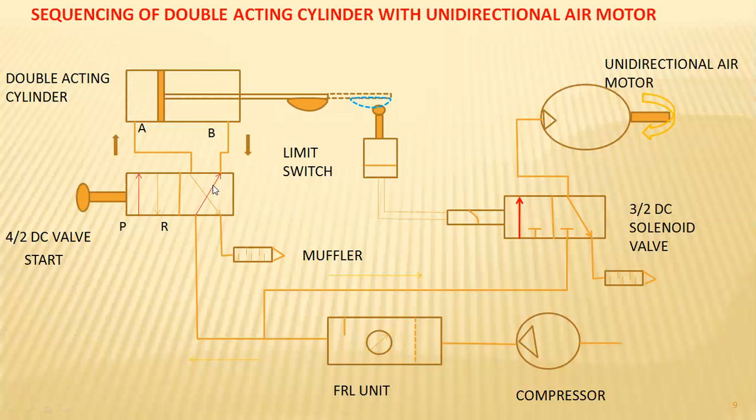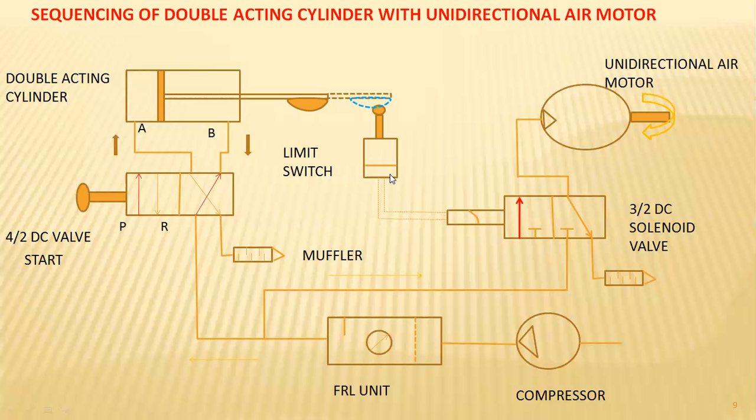this air enters from P to the B section, and it starts the return movement. Nothing but the contact to the limit switch will be disconnected, moving this piston back towards the piston end, and hence the already entered compressed air from port A is released towards the return or to the atmosphere.